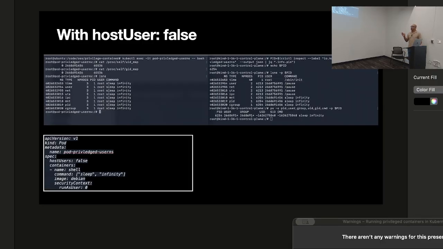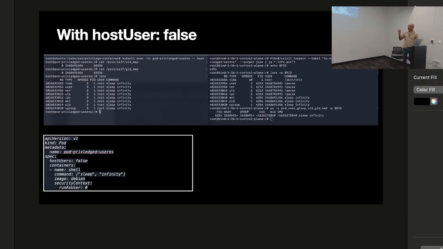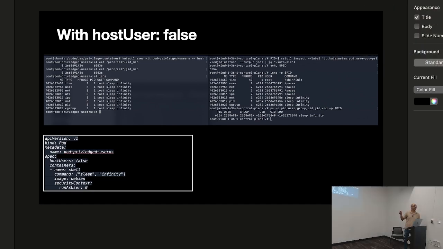Now, if you run a pod with hostUsers false, what happens behind the scenes? Even though you are running your container with a root user, you can see I have the field specified as user 0, but I'm specifying hostUsers false. Your process, as viewed by the host operating system, maps to a different user.